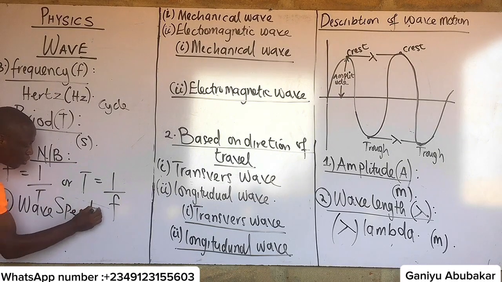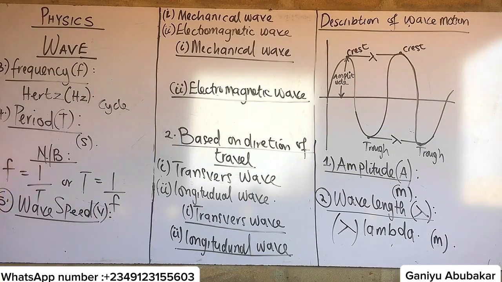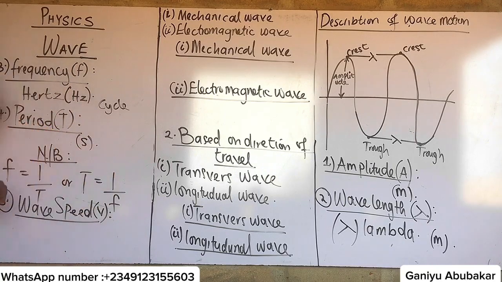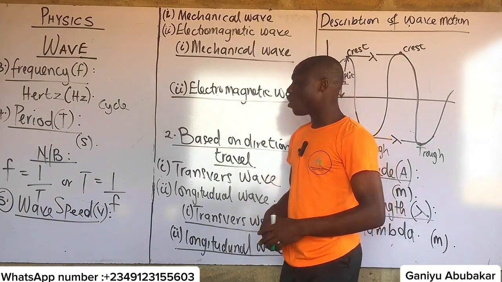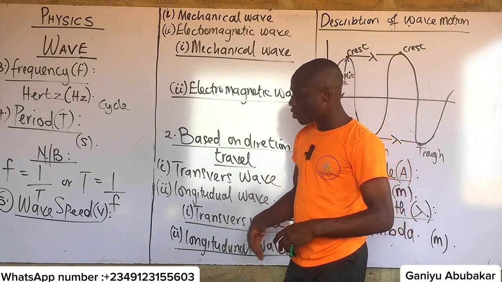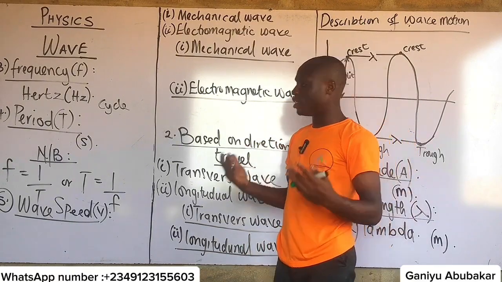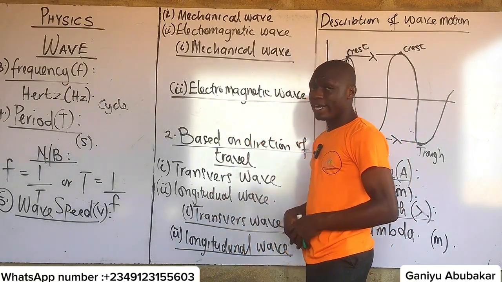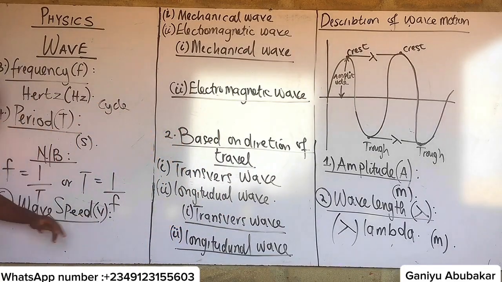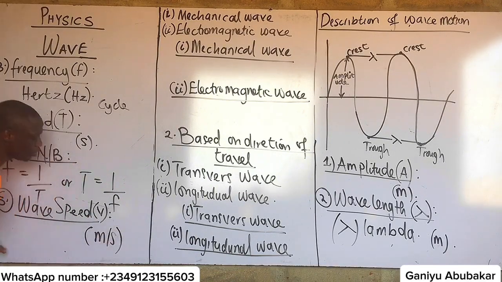Wave speed is represented by V. Definition: wave speed, also known as wave velocity, is simply the distance or displacement traveled by a wave particle per second. It is measured in meters per second.